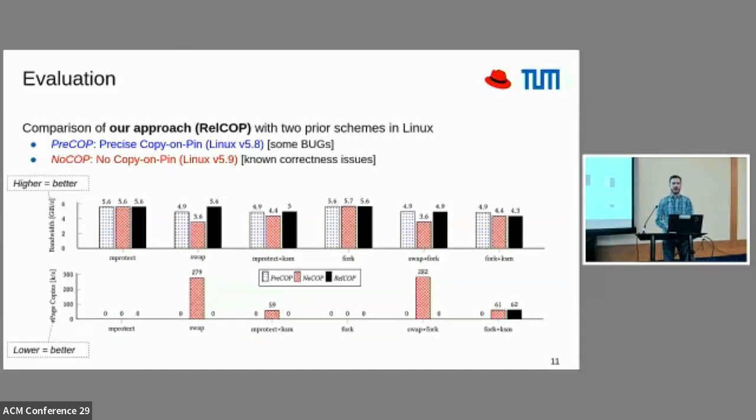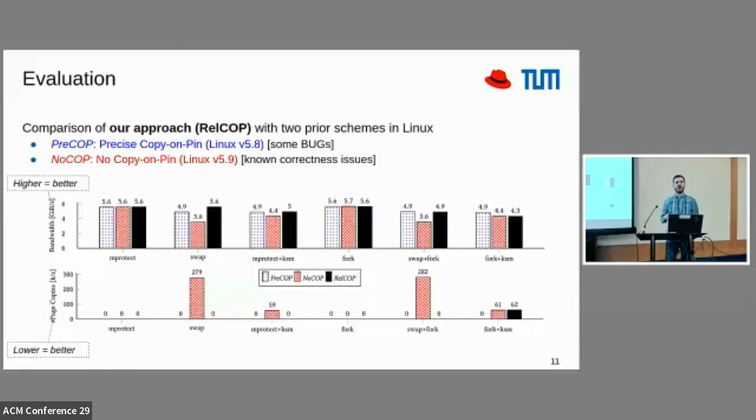In this experiment, we run a modified stream benchmark and we measure, on the one hand, the memory bandwidth, and on the other hand, the number of page copies during copy on write events. Before each iteration of the stream benchmark, we trigger certain actions that end up mapping a page read-only into our page table.